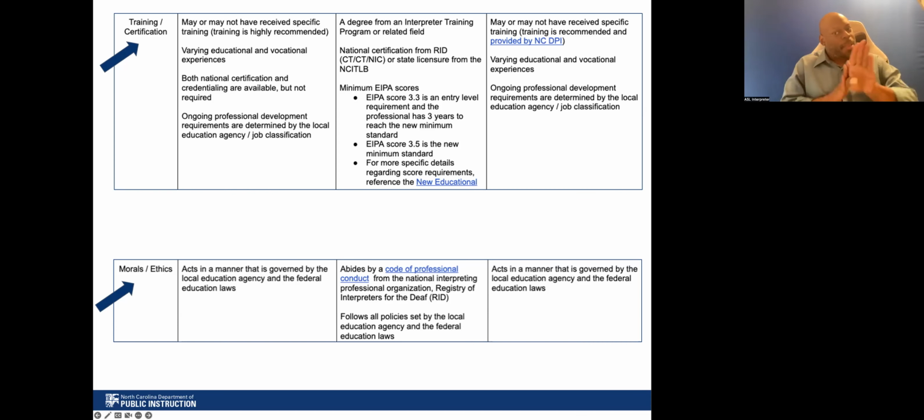In the morals and ethics row, you will see that all individuals working in any of these positions should act in a manner that is governed by the local education agency and education laws. However, educational interpreters have an additional code of professional conduct offered by the Registry of Interpreters for the Deaf, also known as RID.